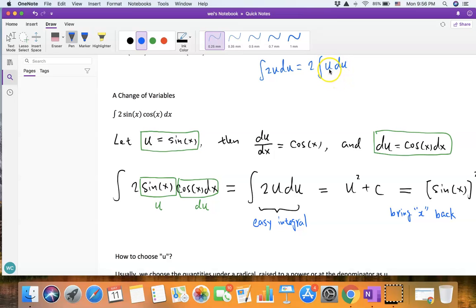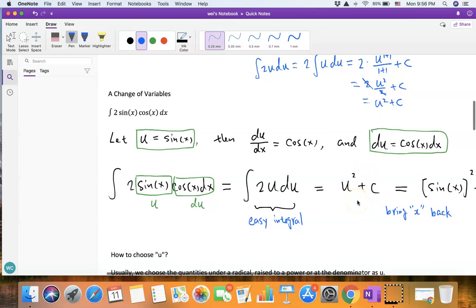This is just like the integral of x dx, but here we write it in terms of u. According to the power rule, the antiderivative is u to the power of 1 plus 1 over 1 plus 1, which is 2 times u squared over 2 plus c, which is u squared plus c. Okay.